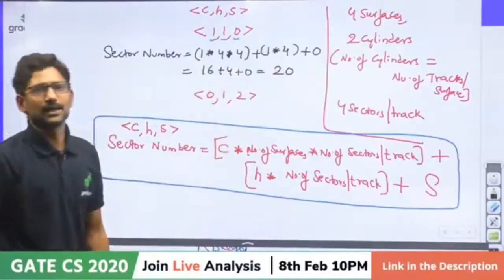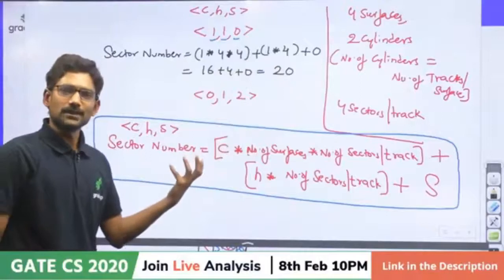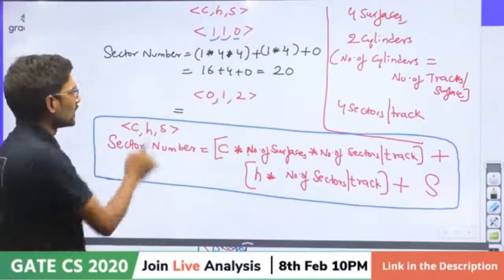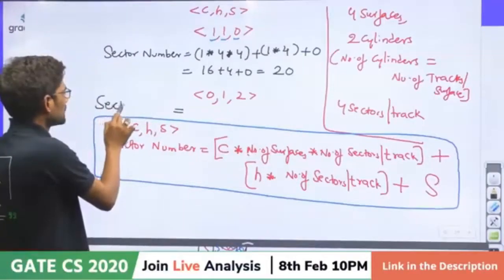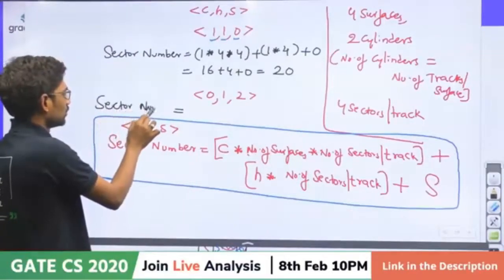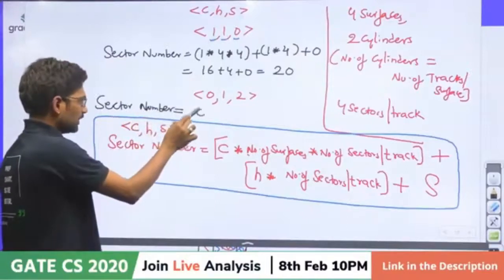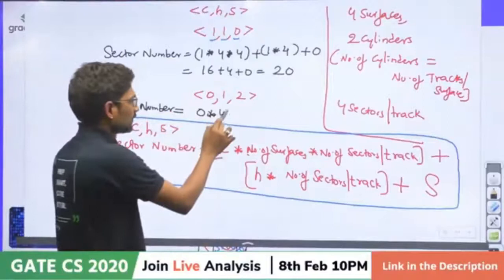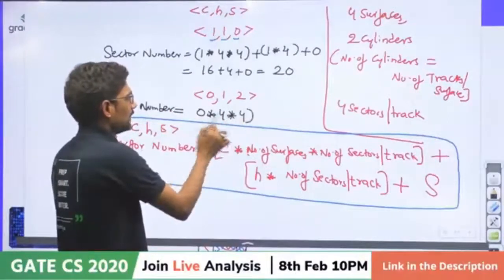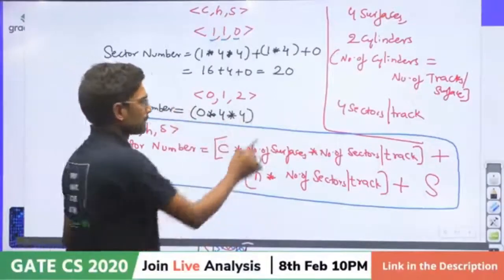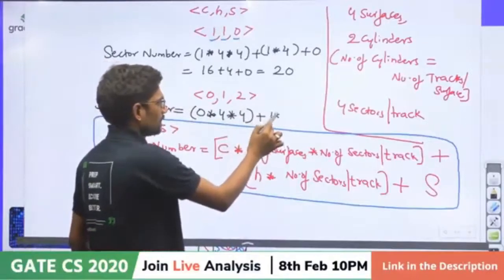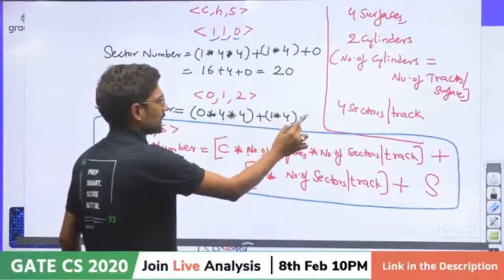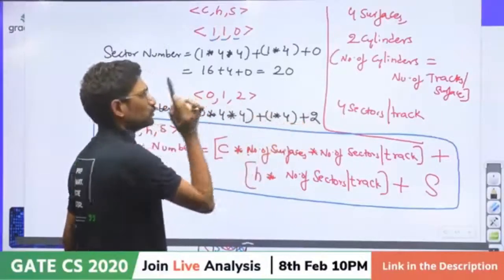So what is the sector number? 20. We got it? Similarly, what is the sector number for 0, 1, 2? So for the CHS 0, 1, 2, what is the sector number? 0 multiplied by number of surfaces into number of sectors plus 1 multiplied by number of sectors plus S value 2.